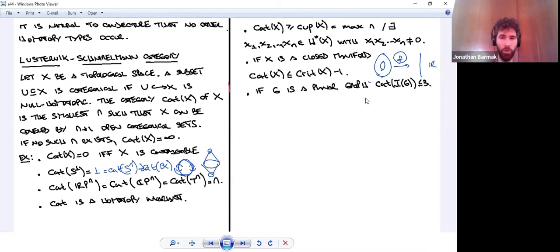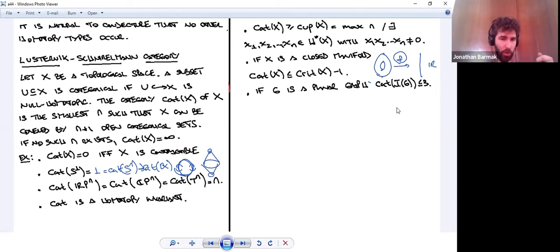If we want to go back to independence complexes, we can say that if a graph is planar, then the category of the independence complex is smaller than or equal to 3. A possible proof is this: if the graph is planar, we know by the 4-color theorem that we can paint it with 4 different colors.